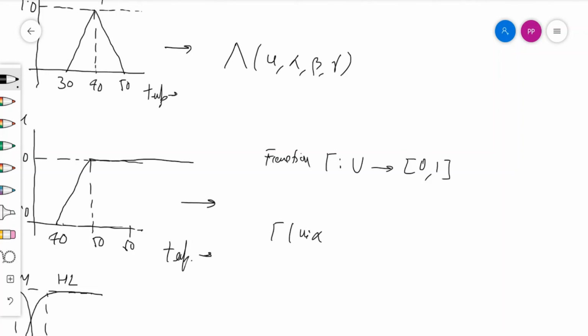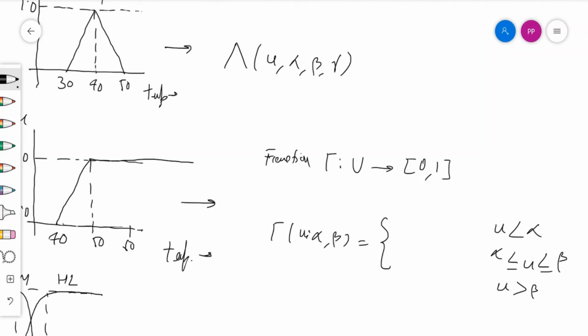alpha, beta, and then gamma is dependent on U, alpha, beta, with alpha, beta as parameters and U as a variable, so these 3 are arguments here. So because of 3 arguments we have the range U less than alpha, then alpha is less than or equal to U is less than or equal to beta, then U is greater than beta.